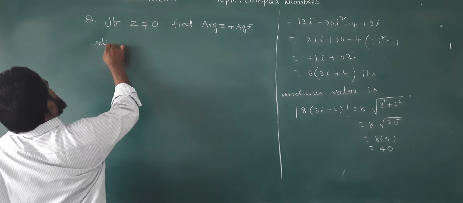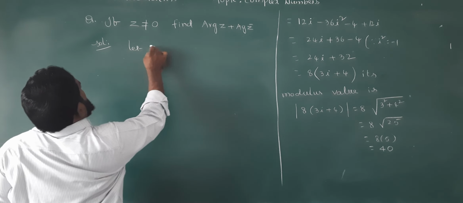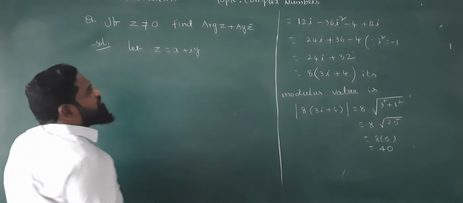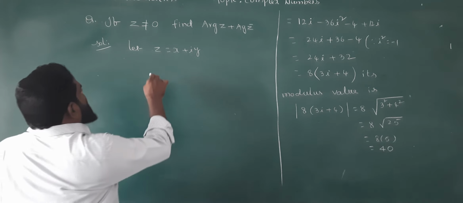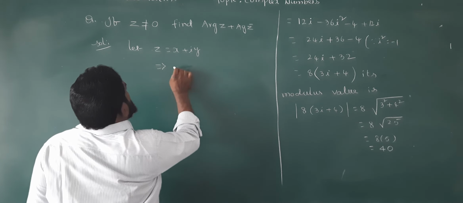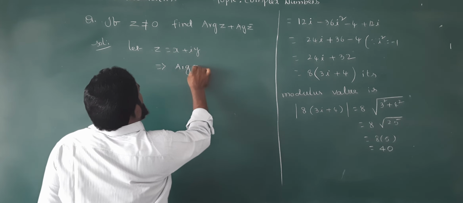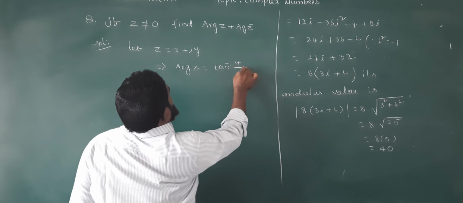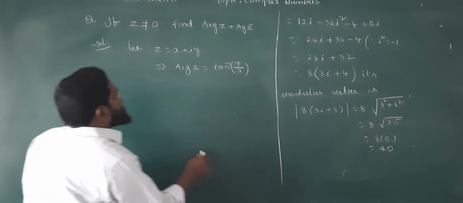Solution. Let z equal x plus iy. What is its argument value? Argument z equals tan inverse y by x.